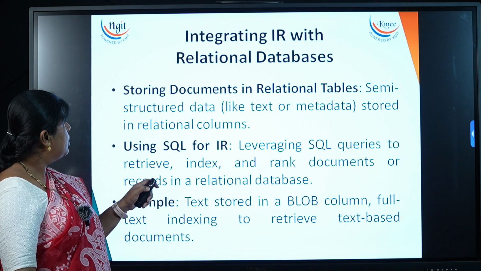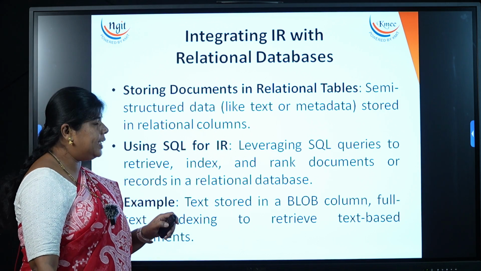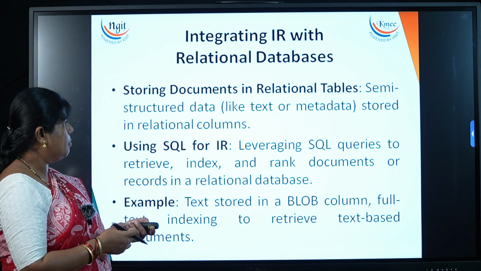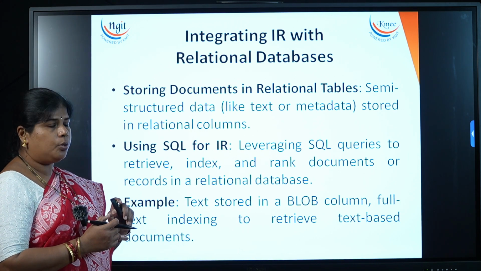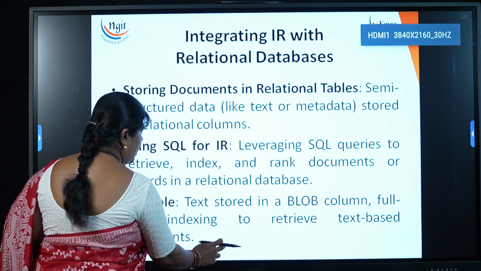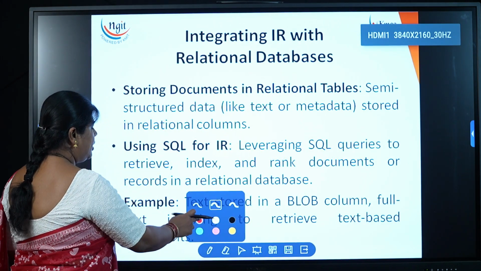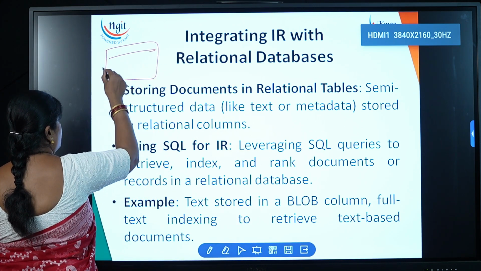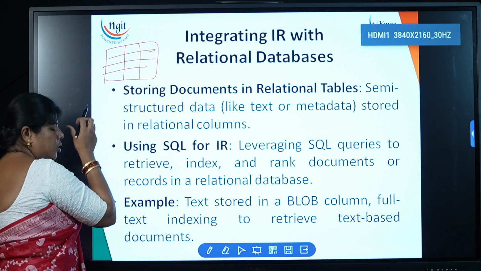Now, how can I integrate information retrieval with a relational database? I know that in my relational database I have a table, and in that table I have rows and columns like this.